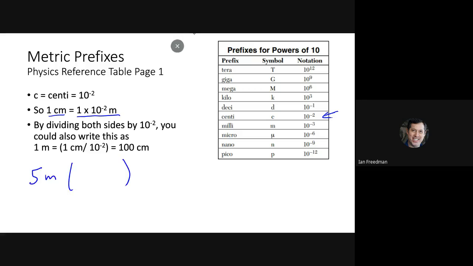And we want to get rid of meters here. So we could put 1 centimeter is equal to 10 to the negative 2 meters. That works as well. And you do that and you still end up getting meters cancels meters, and you still end up getting 500. Because 5 divided by 10 to the negative 2 is really just 5 times 10 to the second.